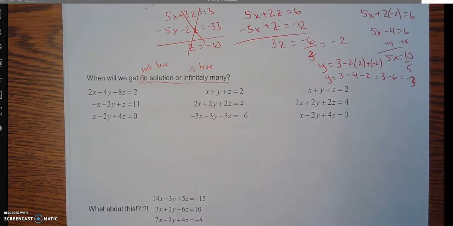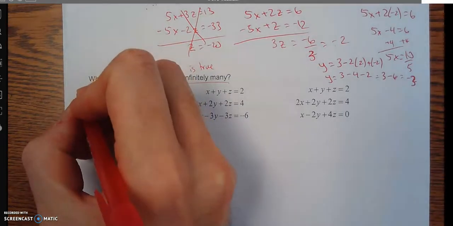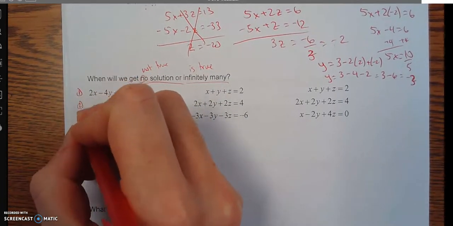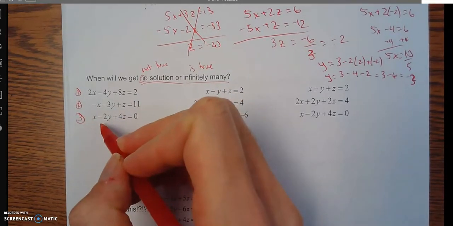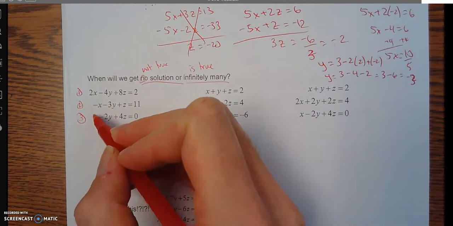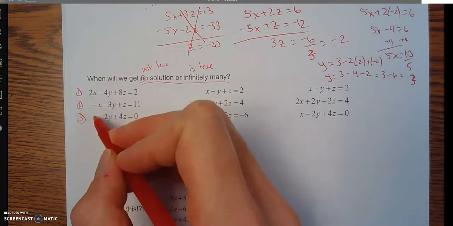So I'm going to look at these and number them. Look at the equations. What variable looks easiest to eliminate? For me, the x's would be, I've got x, negative x, and that's a 2x, so I just need to double one of these.